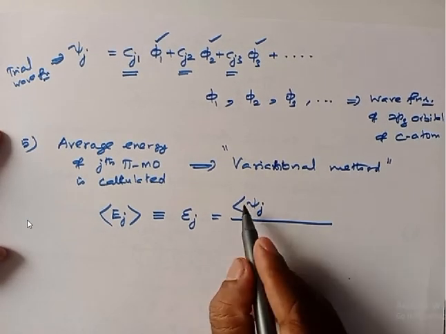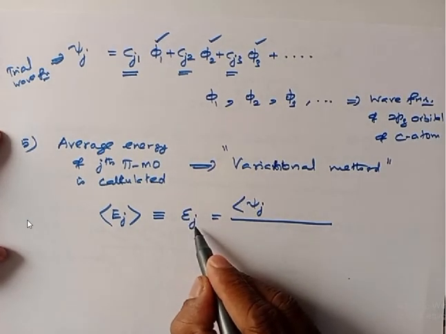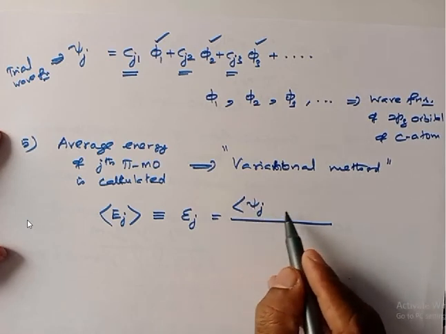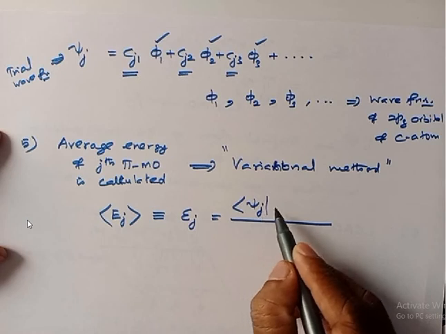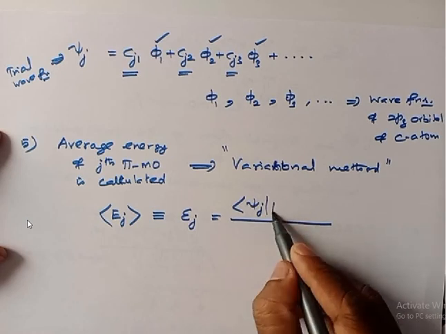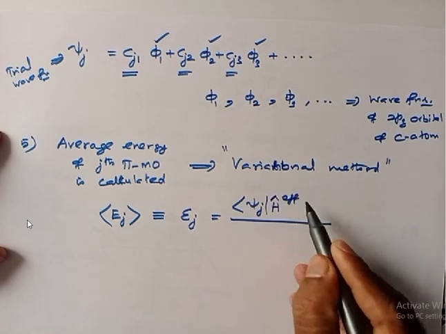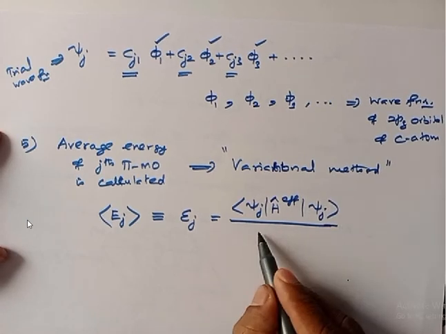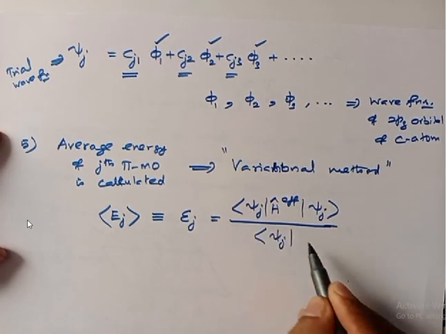The average energy of the jth molecular orbital is equal to, writing in bracket notation, bra of psi j, the effective Hamiltonian for one electron, and ket of psi j, divided by bra of psi j and ket of psi j.